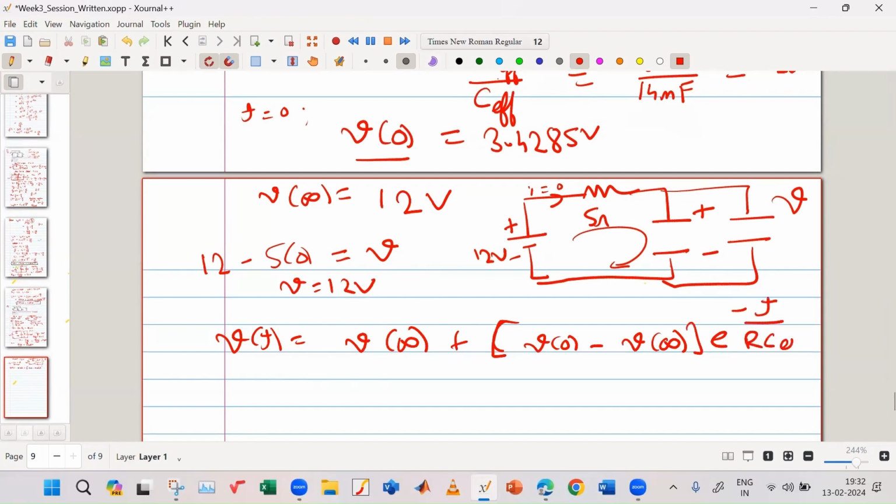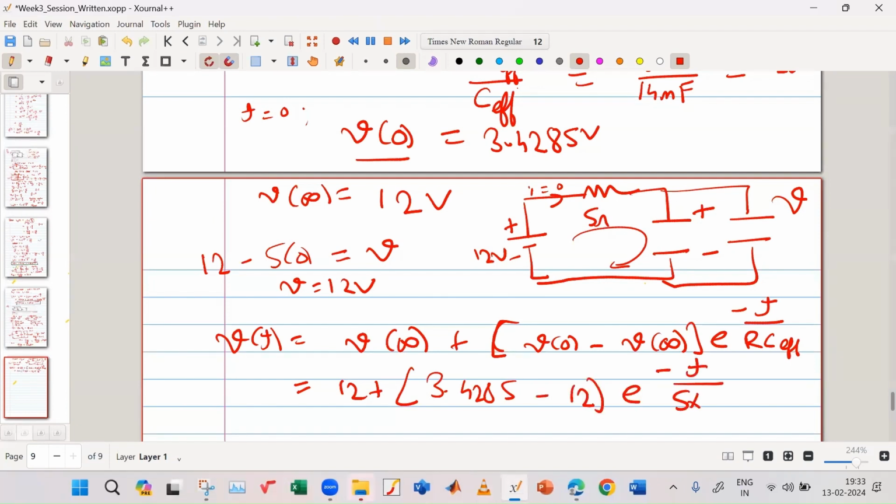R into C effective. So that becomes 12 plus 3.4285 minus 12 into e raised to minus t by R is 5, C effective is 14 millifarad. So that is 14 into 10 to the power minus 3.